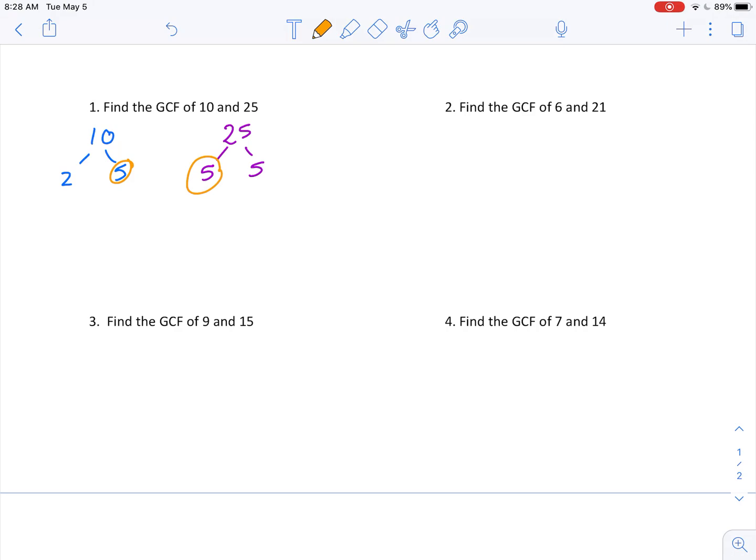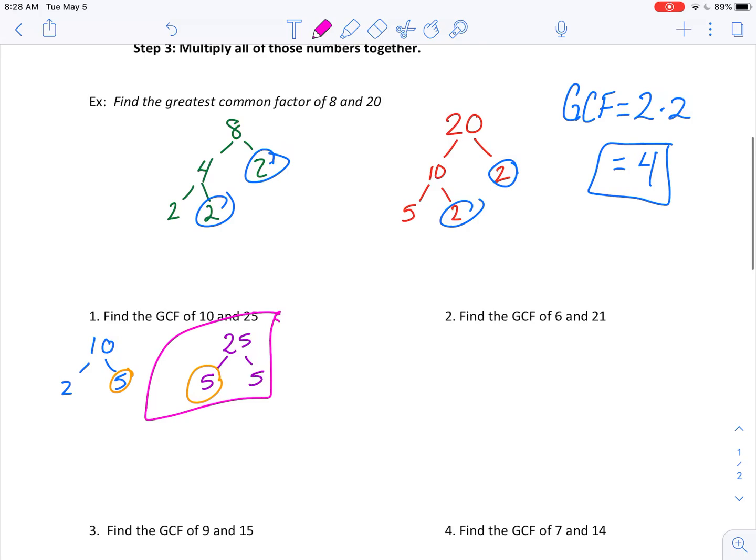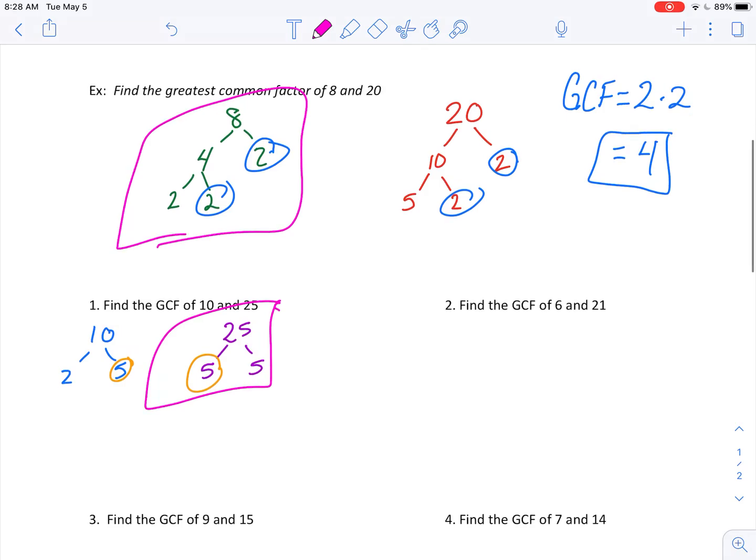So when I do this multiplication, I'm only going to look at one of my factors here. Here I circled 2 2's in each one of these groups, so I'm only going to look at one part when I get to this last step.